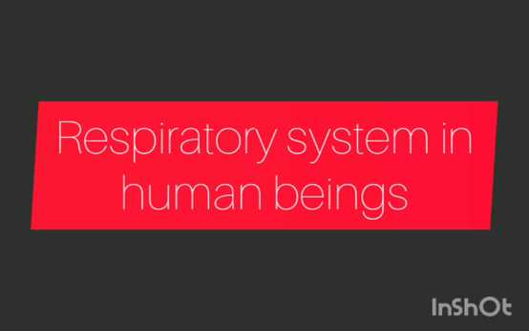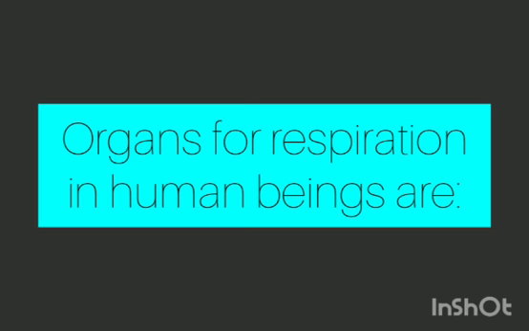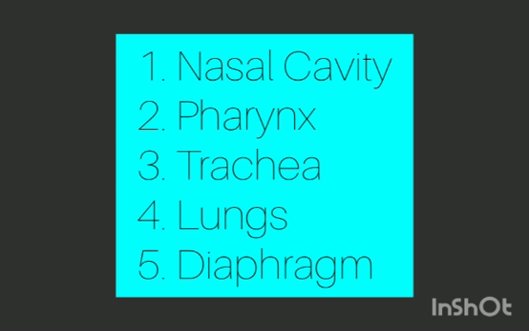Today we are going to study a new topic, that is the respiratory system in human beings. The organs for respiration in human beings are mainly the nasal cavity, pharynx, trachea or windpipe, lungs that include bronchi, bronchioles and alveoli, and the diaphragm.